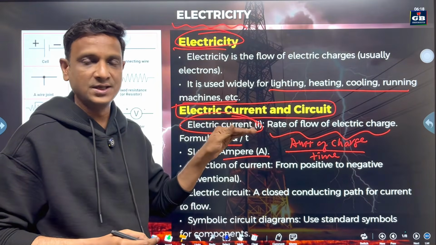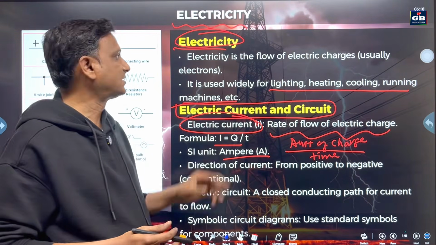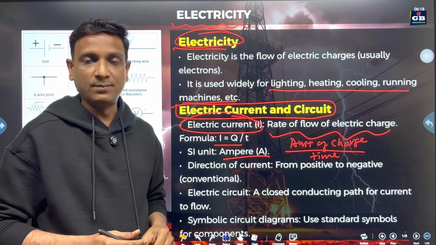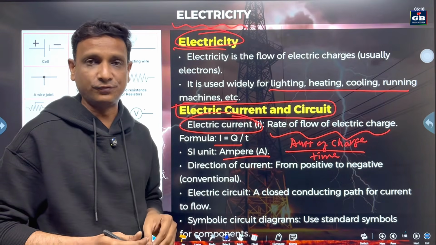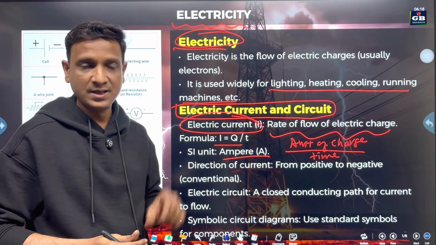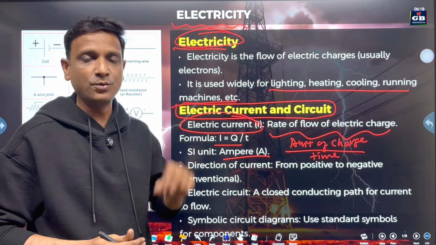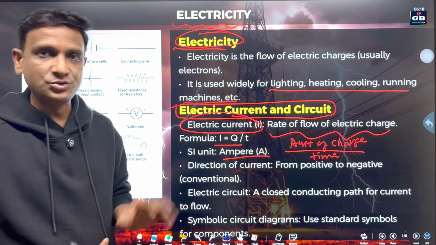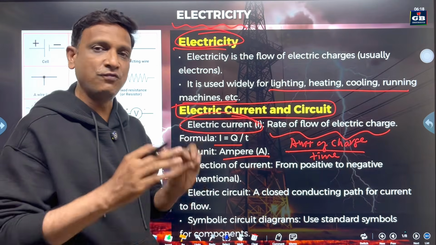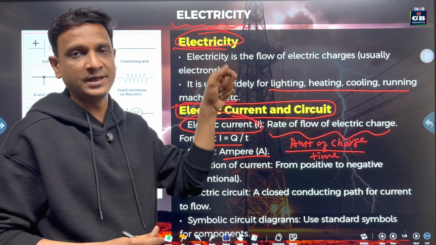So what is the direction of electric flow? The flow of electric charges is called electricity. But from which direction to which direction do they flow? Positive to negative or negative to positive. The conventional flow of electricity is from the positive terminal to the negative terminal.